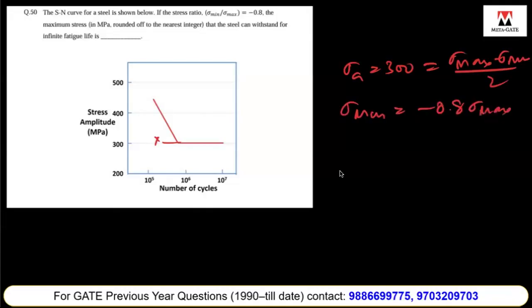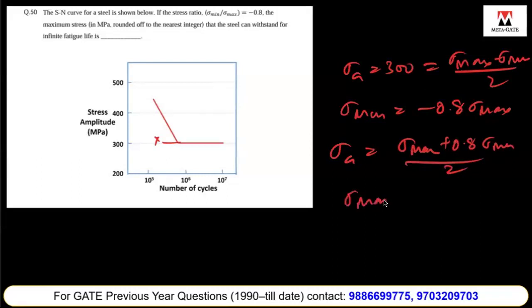So substitute this here: sigma A is equal to sigma max plus 0.8 sigma max by 2. So sigma A is 300; the alternating stress required for infinite life is 300. So 300 into 2 by 1.8 comes to 333.3.